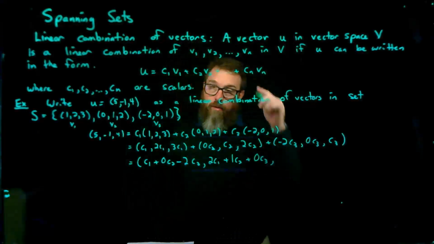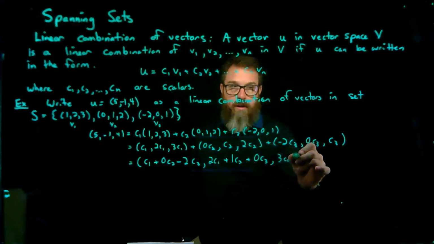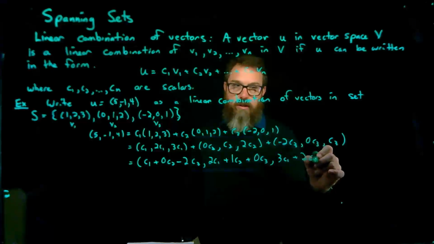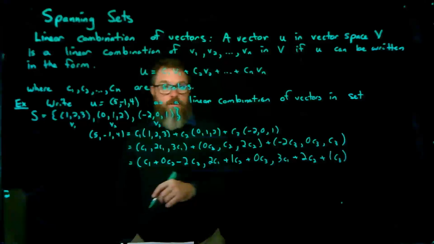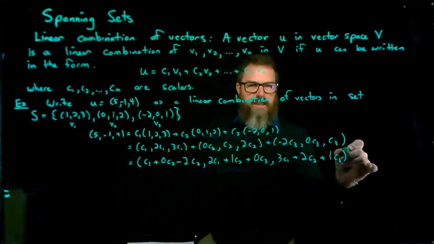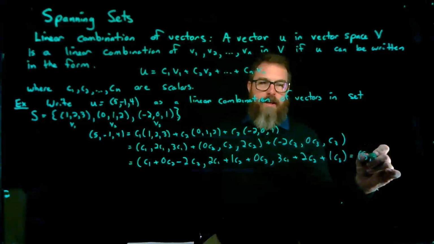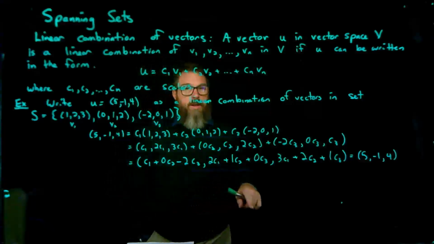And finally the last is 3C1 plus 2C2 plus 1C3. Remember, that's supposed to be equal to this vector, so I'm going to put this on the other side. Let's say this is supposed to be equal to 5, negative 1, 4.